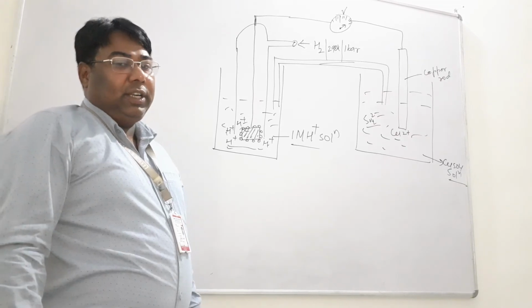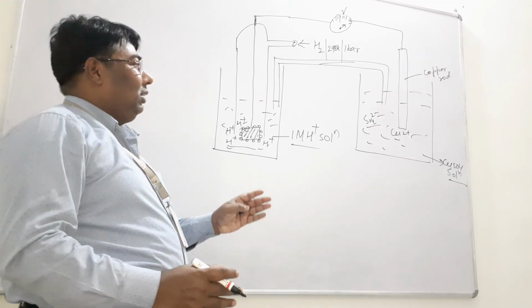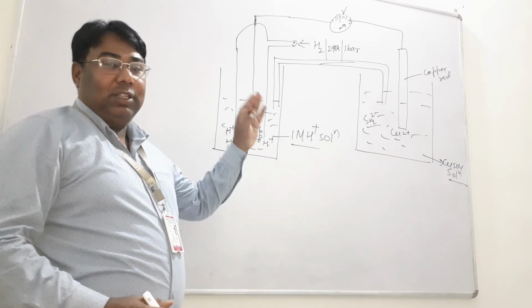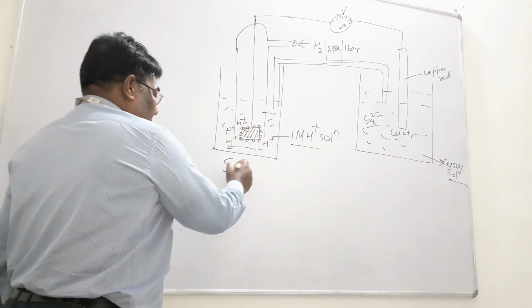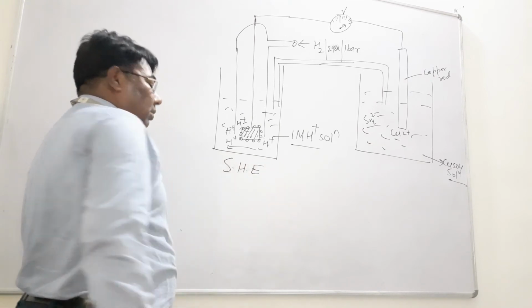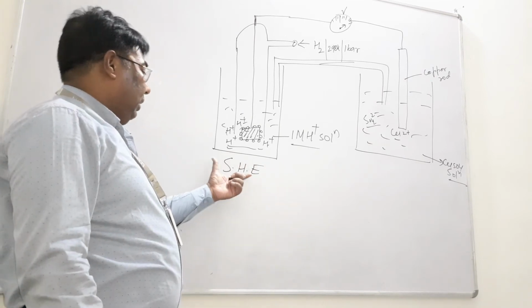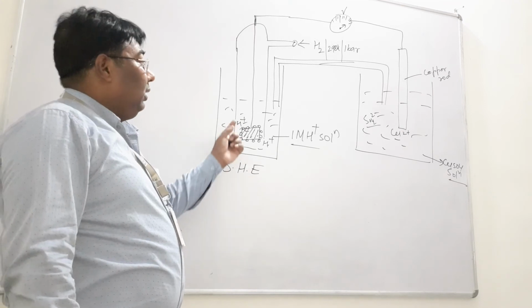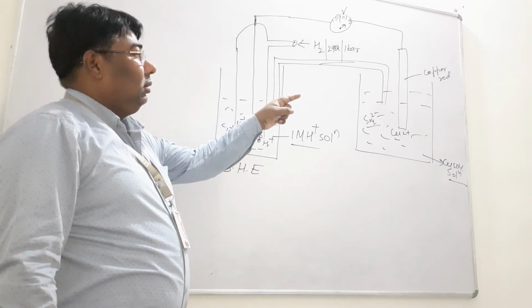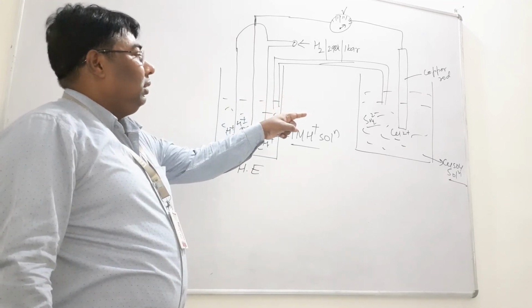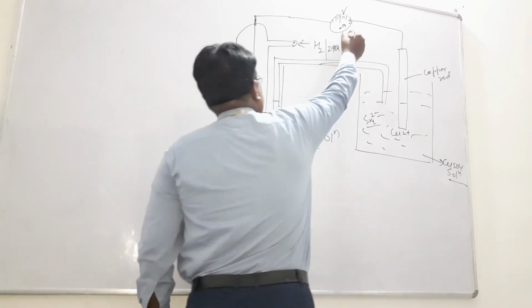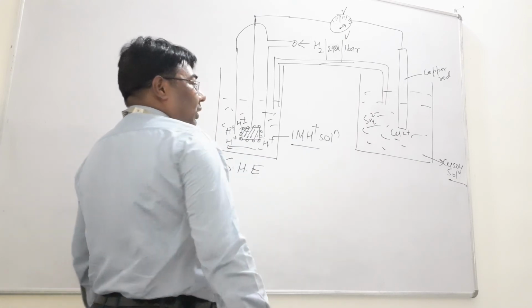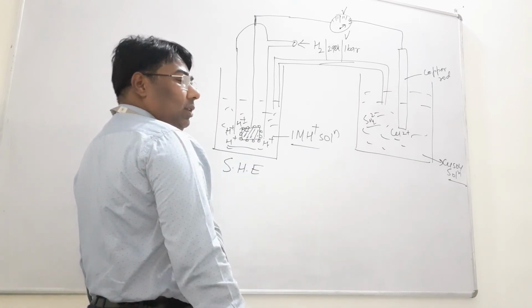For example, let us understand how you would find out the standard reduction potential of copper. First of all, you take the SHE, and then you add the copper electrode in this manner, and the reading obtained in the voltmeter shows the standard electrode potential of copper.